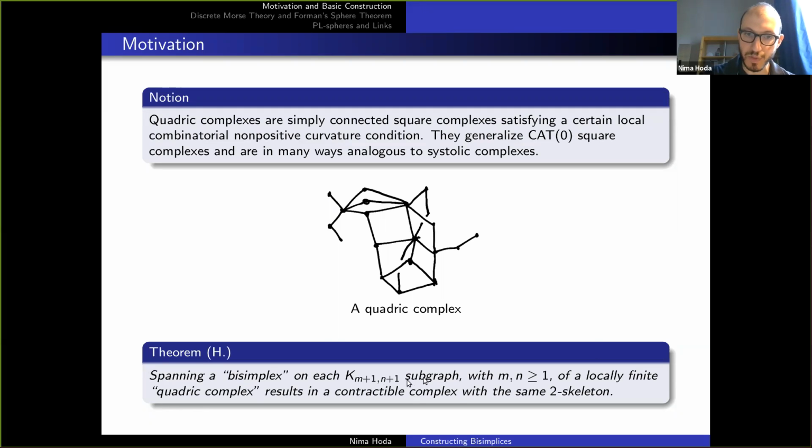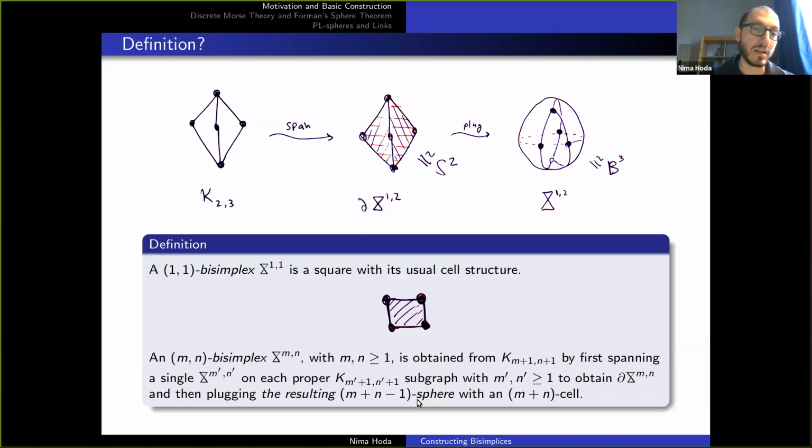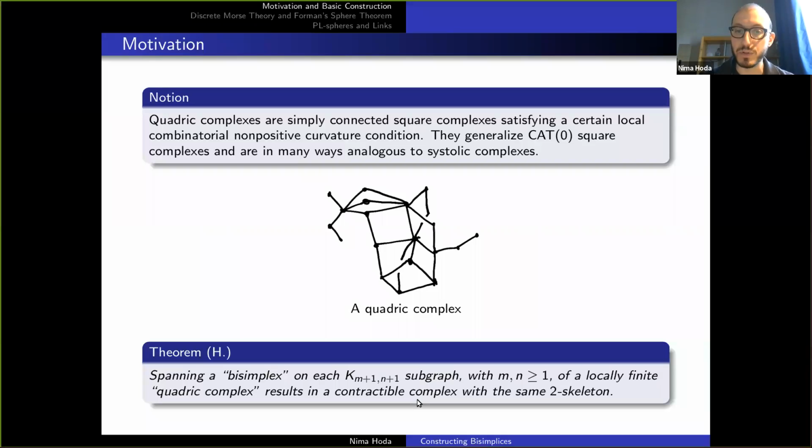The motivating application for me was this theorem: if you span a bisimplex on each K_{m+1,n+1} subgraph, with m and n at least 1, of a locally finite quadratic complex, you get a contractible complex with the same two-skeleton.